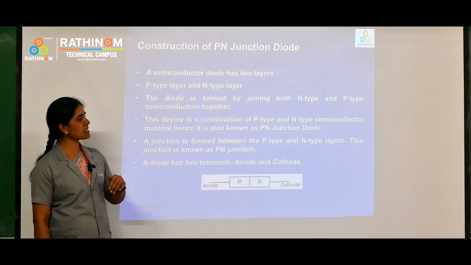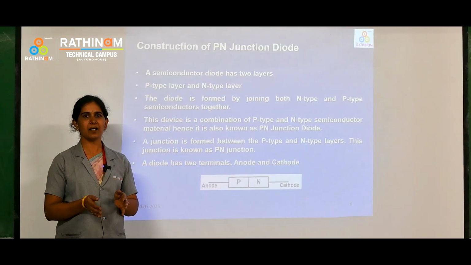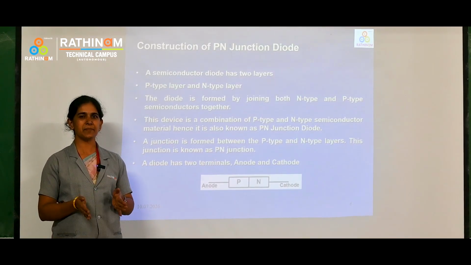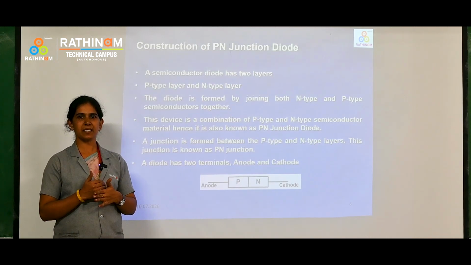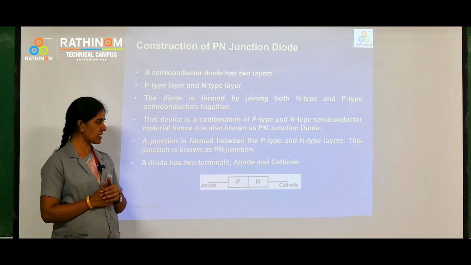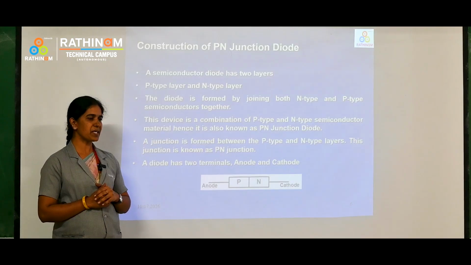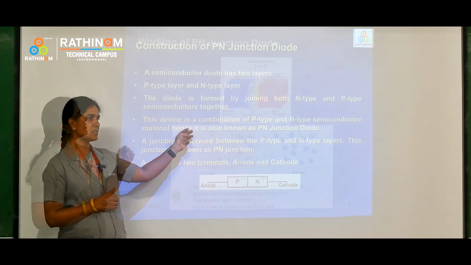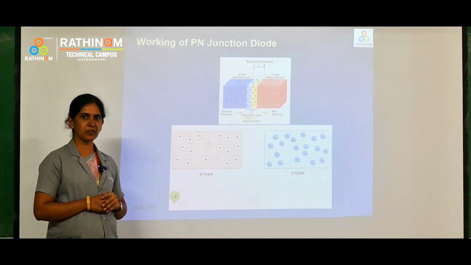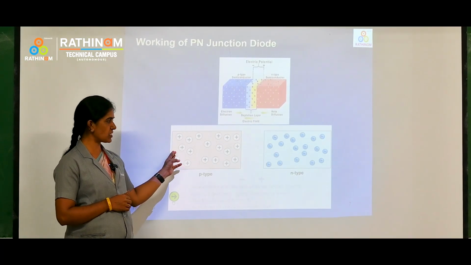So how is the PN junction diode formed? By joining p-type material with n-type material, a diode is formed. While joining p-type and n-type material, a junction is created between them. That junction is called the PN junction, so the diode is named the PN junction diode. Now the working principle of the PN junction diode under no bias condition.